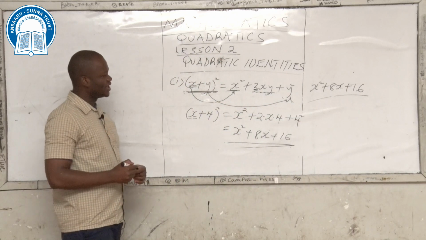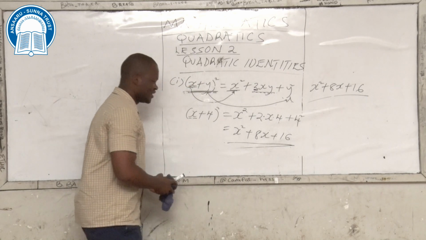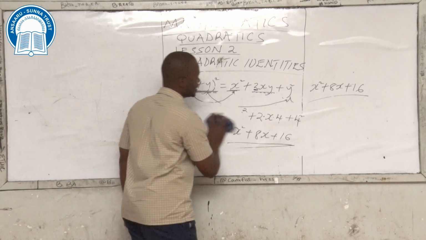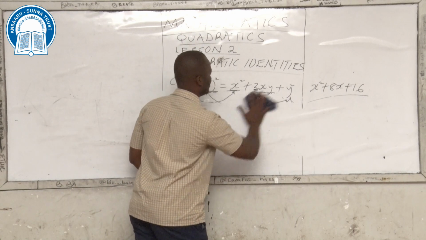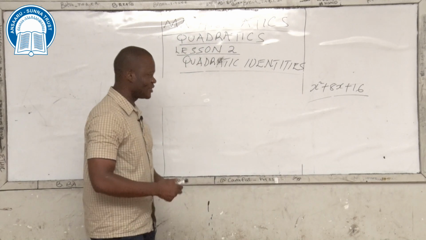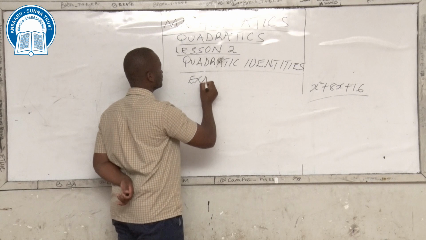Now let's do more examples just to confirm we are okay in terms of that first identity. Now let me call it example 2.